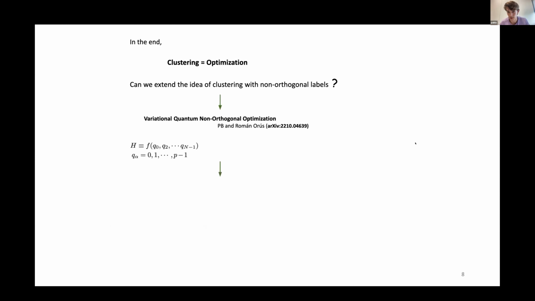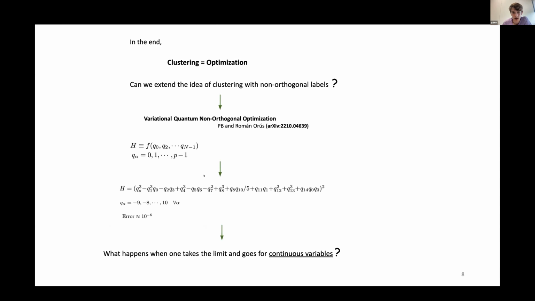For a rough idea, we tried to find the ground state of this Hamiltonian, encoding more states per qubit, in this case 20 states in a single qubit. We found that you can in fact find the ground state of this Hamiltonian with an error of 10 to the minus 6 using just 1 qubit, by means of this VQE with non-orthogonal states. So this is just a rough idea.